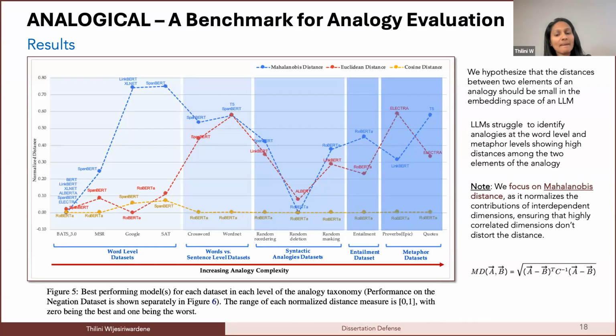This actually motivated the rest of my work. I wanted to see what is happening at each end. So I do one work focusing on these word level datasets and one work on the other end of the spectrum.